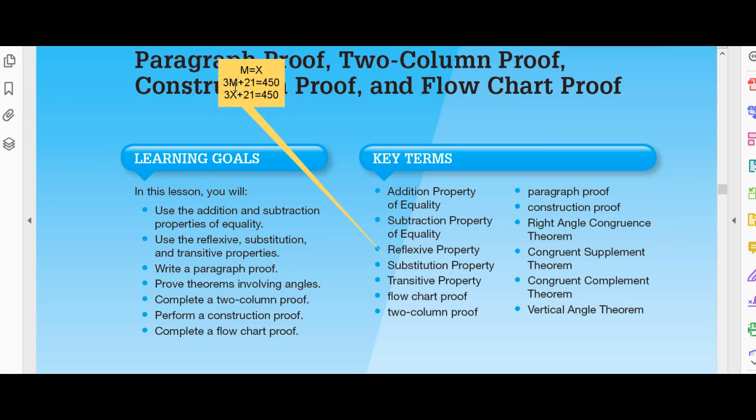Sometimes you're going to want to do that. You're going to make a statement, and then you're going to say, all right, I want to make another statement, and I can still make this statement because of that statement, because I'm substituting. In order to do the substitution property, you have to do two things. First, you have to have a statement that shows that the two pieces you're going to substitute are equal. And second, you have to have a statement that shows you have an equation of some sort that you're going to substitute into.